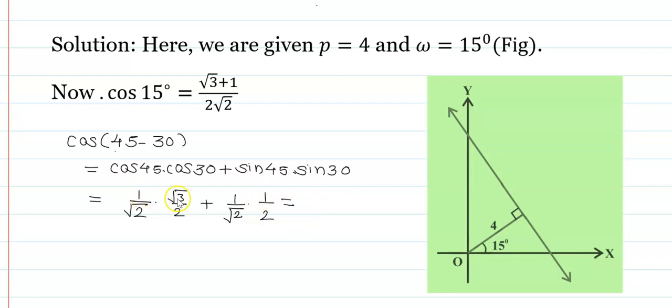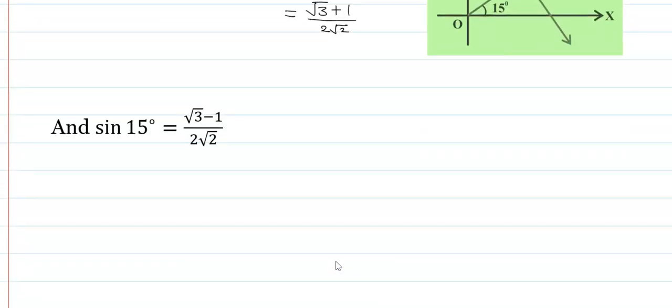Here the multiplication 1 into root 3 is root 3 upon 2 root 2, plus 1 upon 2 root 2, and that equals root 3 plus 1 upon 2 root 2. And similarly, you can find out the value of sine of 15 also.